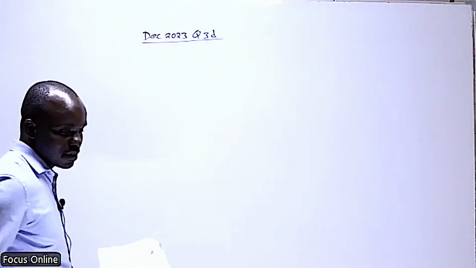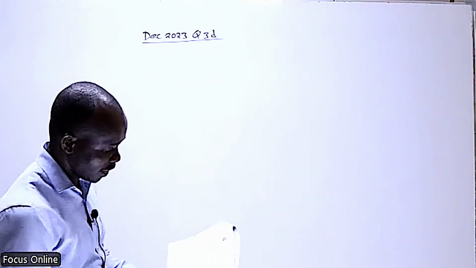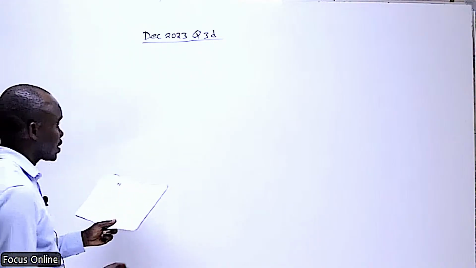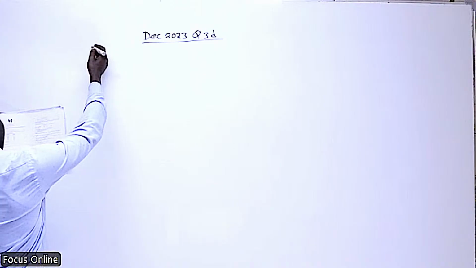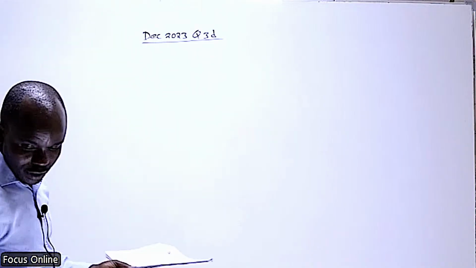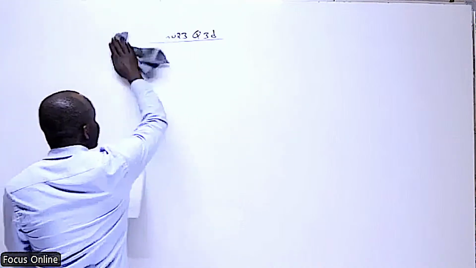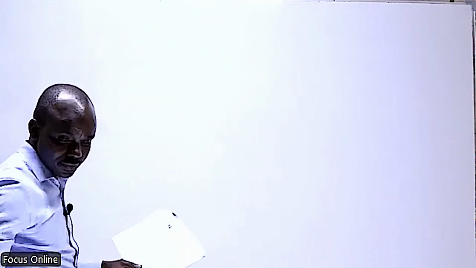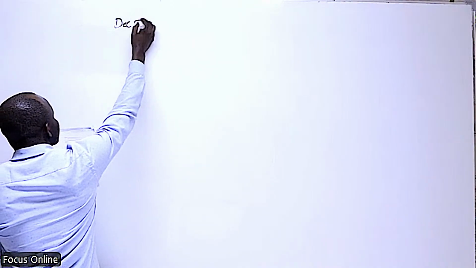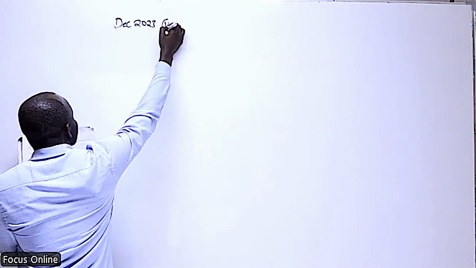So this is multi-period compounding and discounting. You remember we talked about the effective interest rate, yeah? This is December 2023, question 3C.